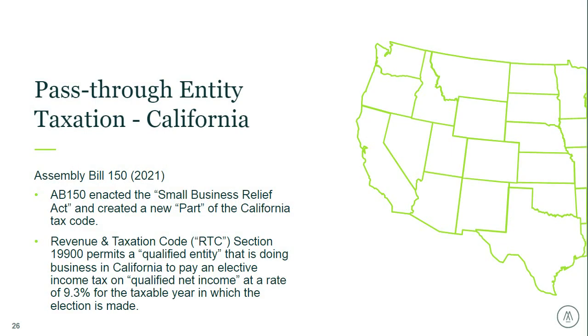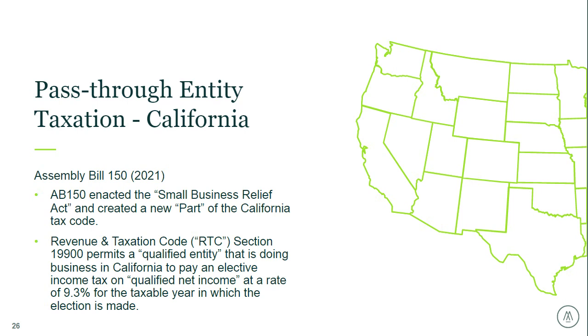Yes, thank you, Chris. So given the IRS has provided a pathway through Notice 2020-75, in July of this year, California enacted AB 150, and this allows partnerships and S-corps to elect to pay this income tax at the entity level at 9.3%. And thereafter, the partnerships and S-corps are able to reduce their federal taxable income.